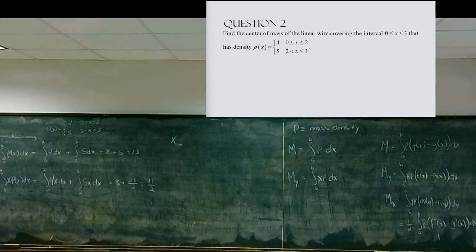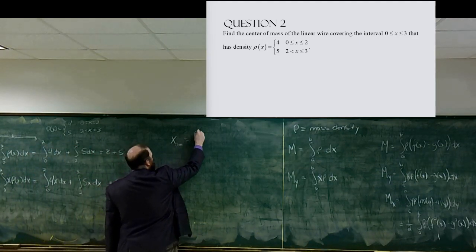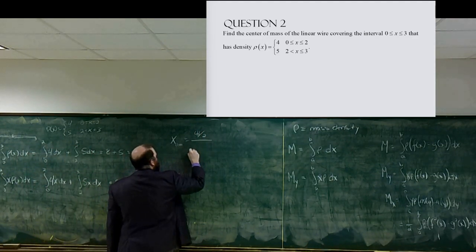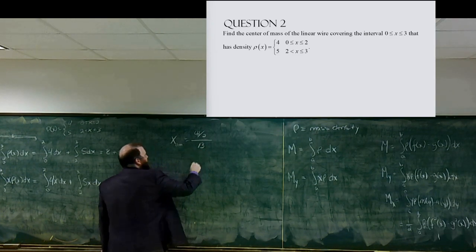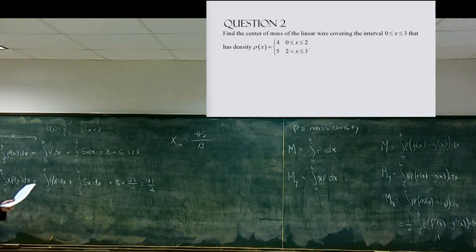So the x center of mass, our position, is 41 halves divided by 13. It's the y moment divided by total mass.